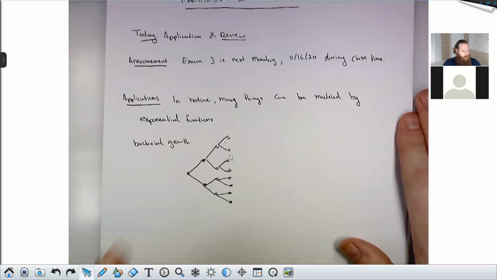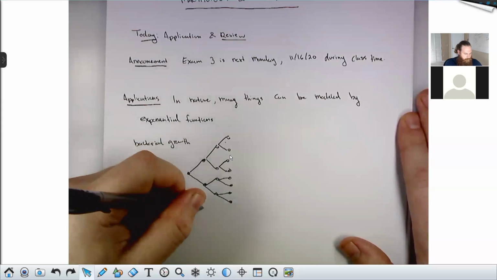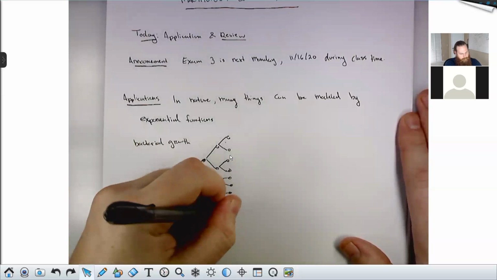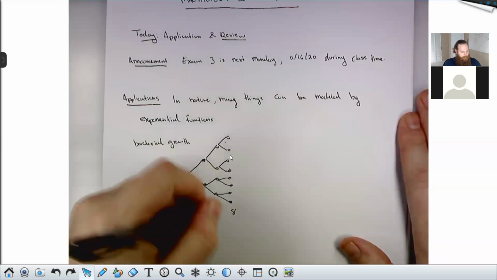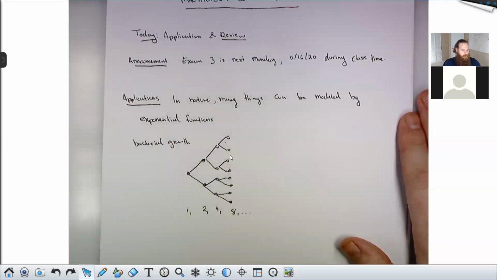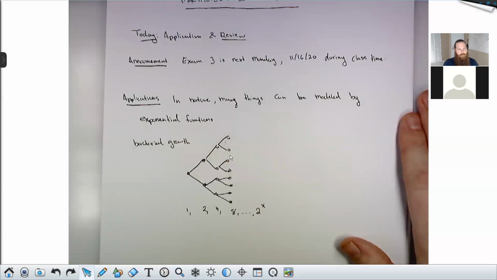This is exponential growth. You've got one thing at this level, two things at this level, four things at this level, 8 things at this level. What's going on here is that we're doubling. We have 2 to the x things at the xth level.